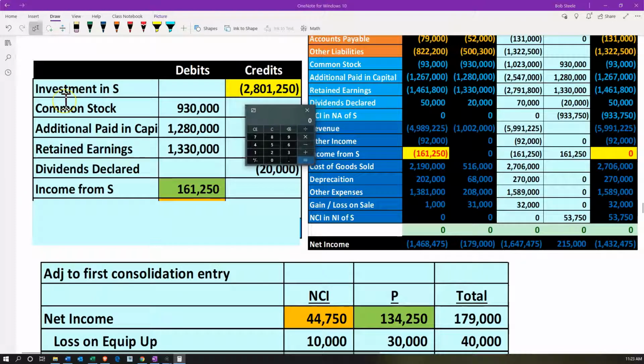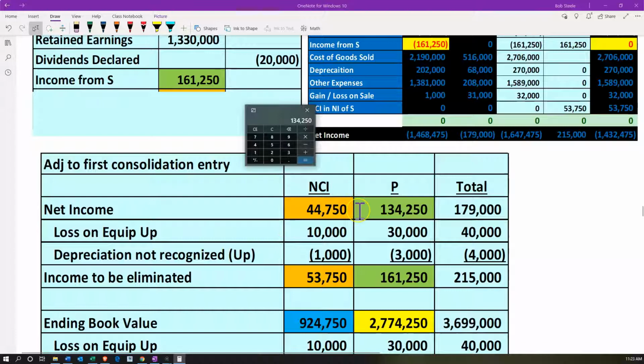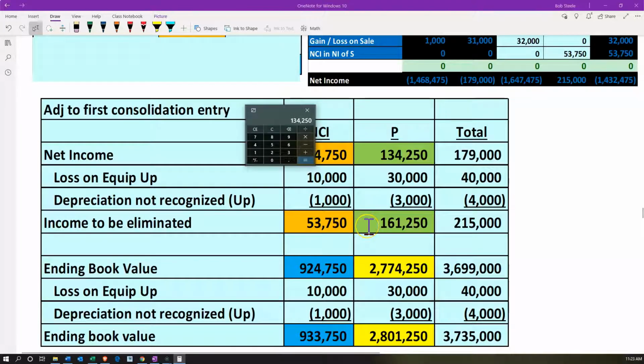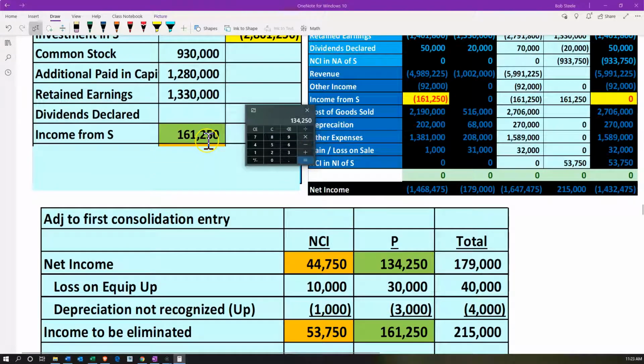But this time, well, let's do that. 179,000 times 0.75 would be 134,250. That's what we would have used. But now we're going to use our table down here. We're going to say, well, P here, we would have used that 134,250, but now we're using, because of these adjustments, the 161,250. So we've changed that to 161 and we made it green to indicate that that number came from the table.